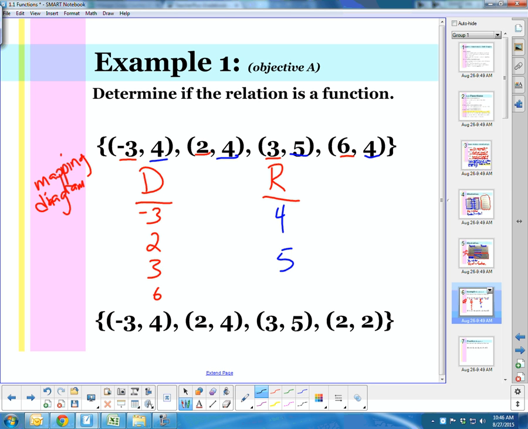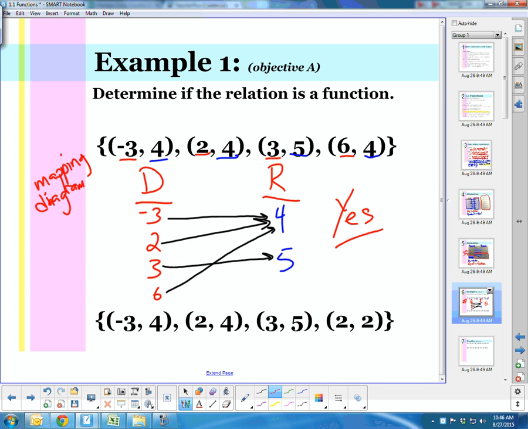And as we see, -3 paired up with 4, 2 paired up with 4, 3 paired up with 5, and 6 paired up with 4. And we look at this and we say, does each element of the domain pair up with exactly one element of the range? And despite all those arrows pointing to 4, the answer is yes.